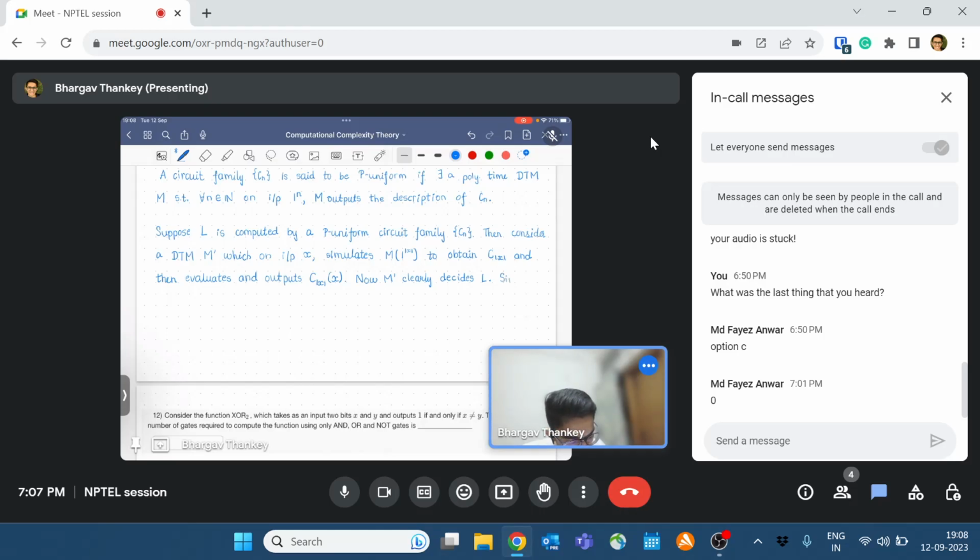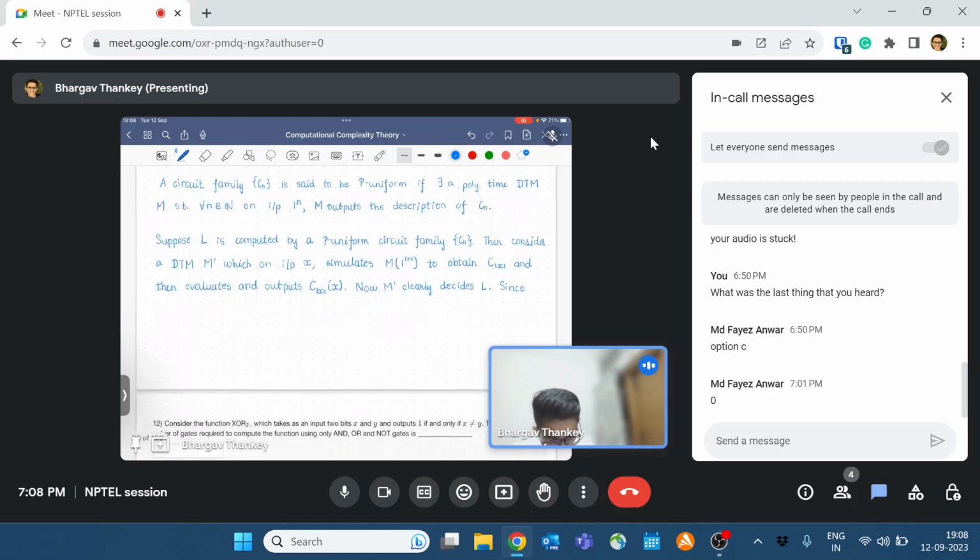So since L is in P slash poly, sorry, yeah, okay, so since Cn is a circuit family, size of Cn is equal to poly n.